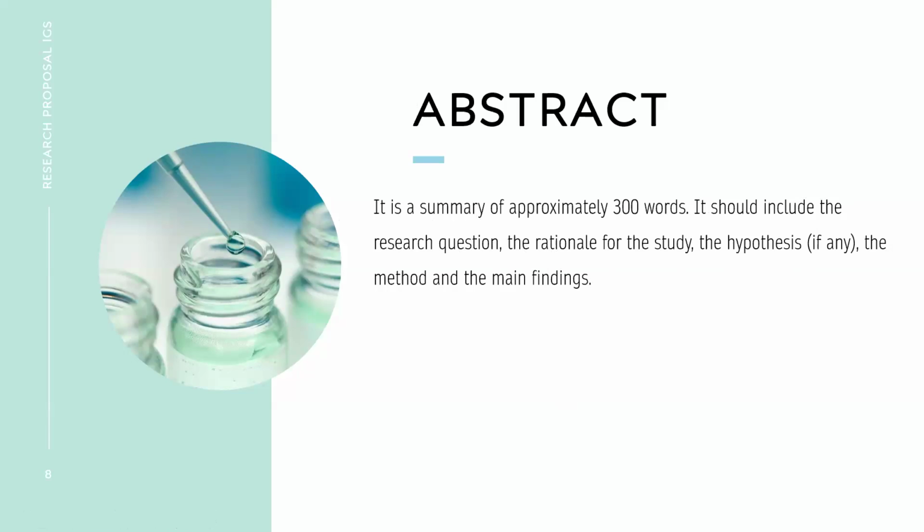So if it is your proposal, what are the problems that you're going to address? What are the aims of your research? What kind of methods are you going to use? And what are the expected results? Because you don't have any findings yet. But in a thesis, you have to put the findings and also the future works. Same goes when you write a paper or a journal.